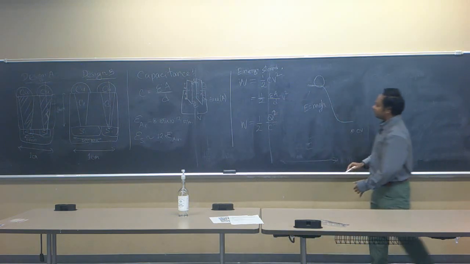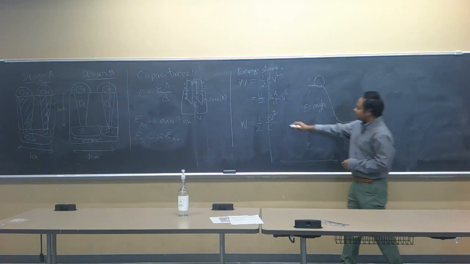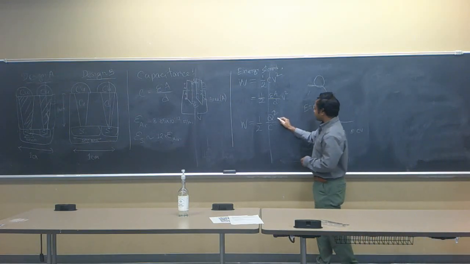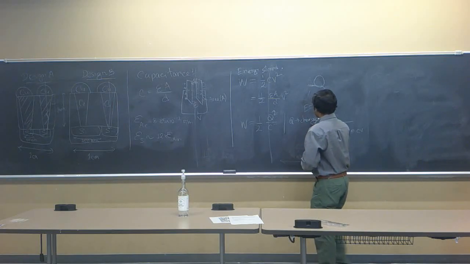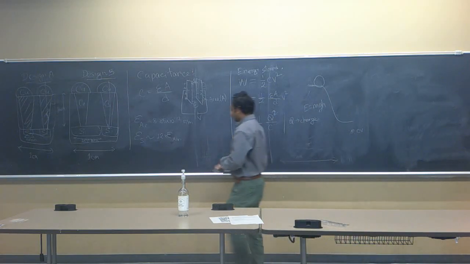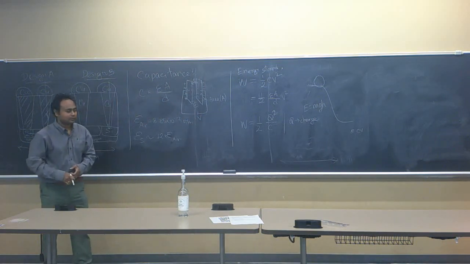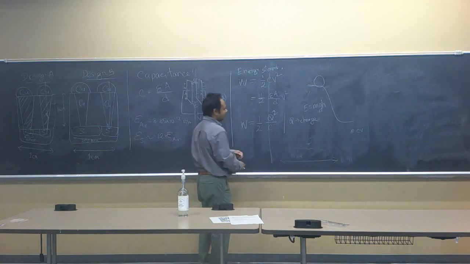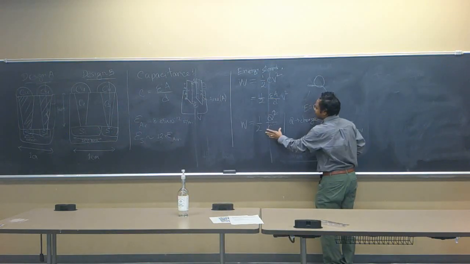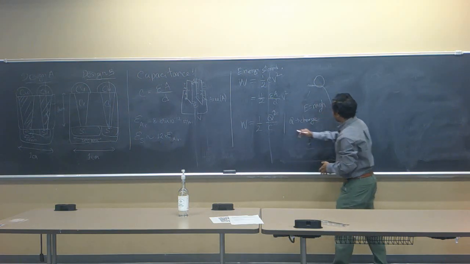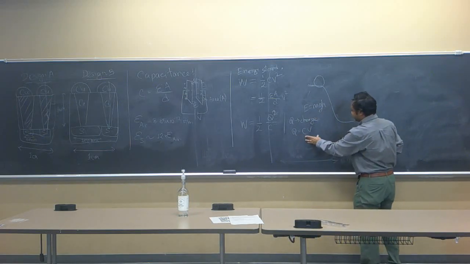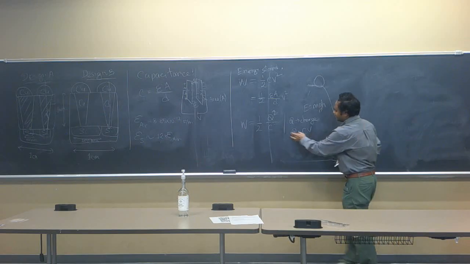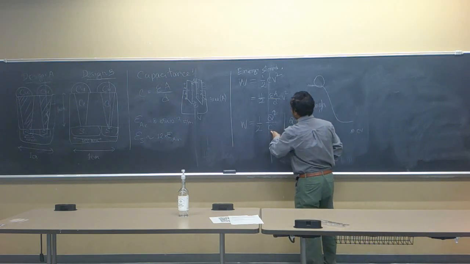W is equal to half of Q square by C, where Q is the charge of the conductors and C is the capacitance. And these two equations are exactly the same to each other. Let's look at this. Q is equal to CV. Charge is equal to capacitance multiplied by the voltage. So if you place Q equal to CV in this equation, you will get W is equal to half CV square.